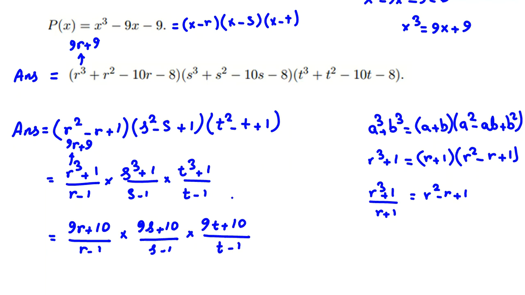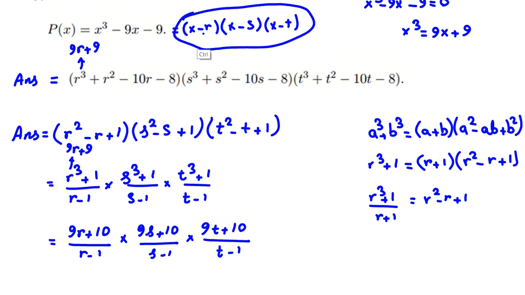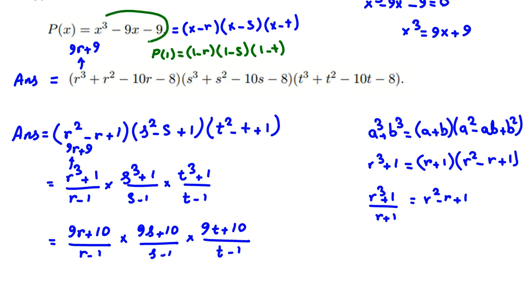Okay, next step, let's focus on the denominator: r minus 1, s minus 1, t minus 1. Look, we have these four, p of x. So if we consider p of 1, p of 1 is 1 minus r, 1 minus s, 1 minus t. And if you replace 1 here, it's 1 minus 9 is minus 8, and minus 8 minus 9 is negative 17.